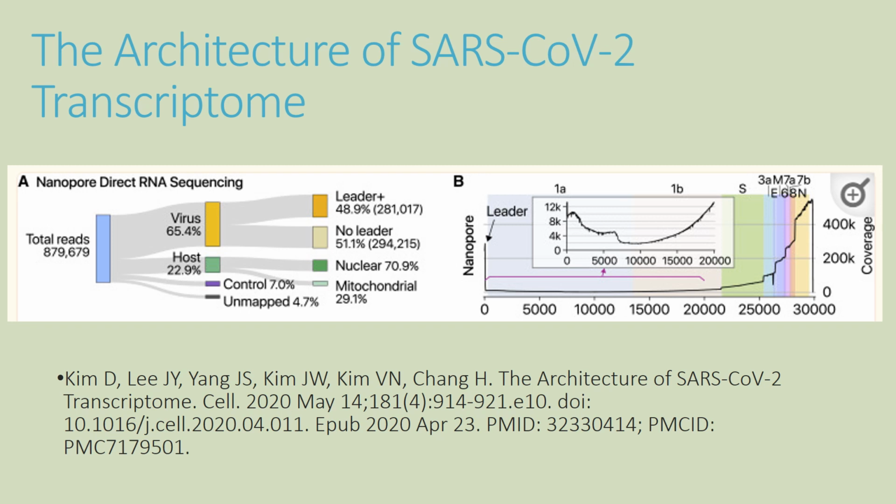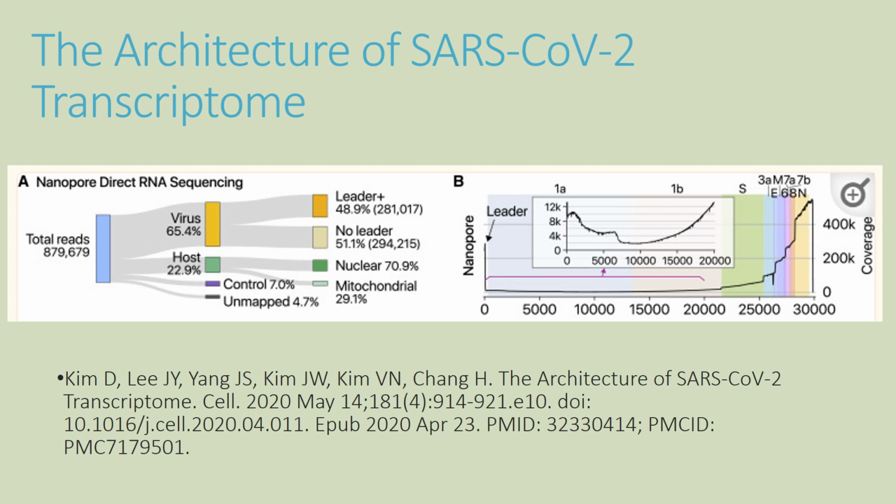Nuclear displays reads that match mRNA from the nuclear chromosome. Mitochondrial reads represent reads from the mitochondrial genome. And finally, the control represents the control RNA that was used in this procedure. And then the unmapped 4.7% shows the percentage that wasn't able to be mapped.